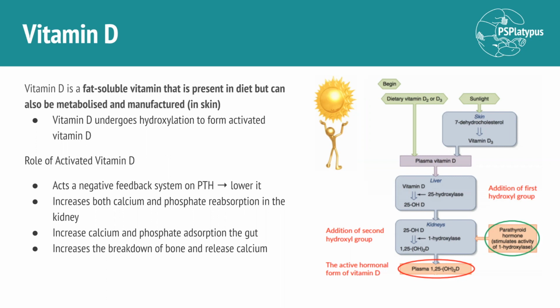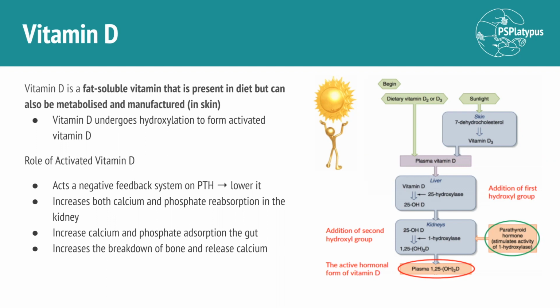However, vitamin D by itself has no effect in the body. It is only activated once hydroxylation occurs, and just as the word sounds, we're adding hydroxyl groups to the vitamin D to convert it into an active form. This occurs first in the liver, where we add one hydroxyl group, and then another time in the kidneys, forming our 2-hydroxyl vitamin D compound.